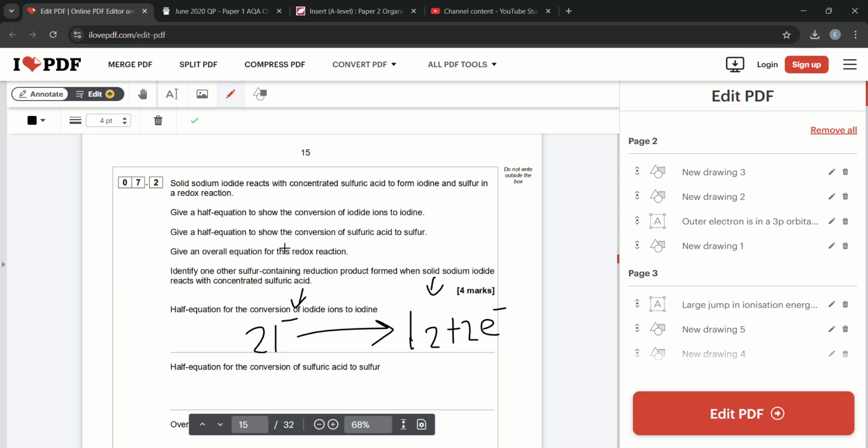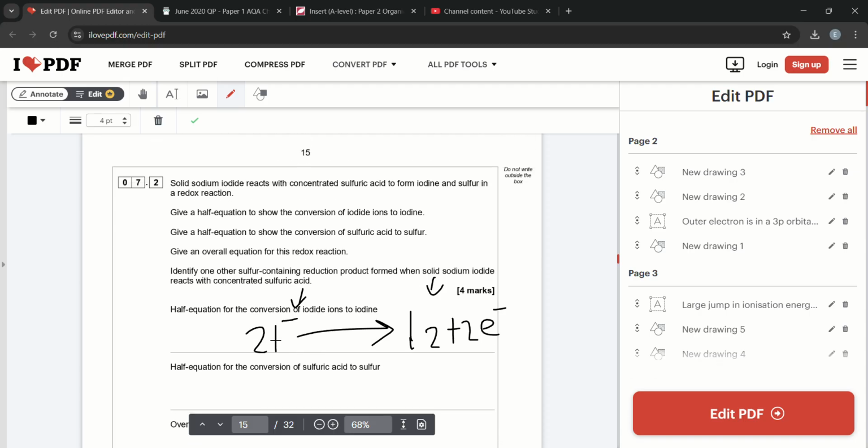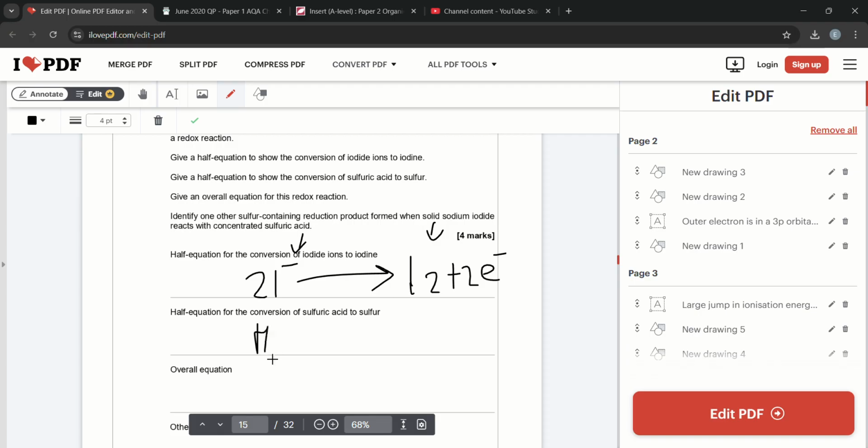Give a half equation to show the conversion of sulfuric acid to sulfur. Sulfuric acid to sulfur. We're not going to include SO4 2 minus, that's not even sulfuric acid anyway.